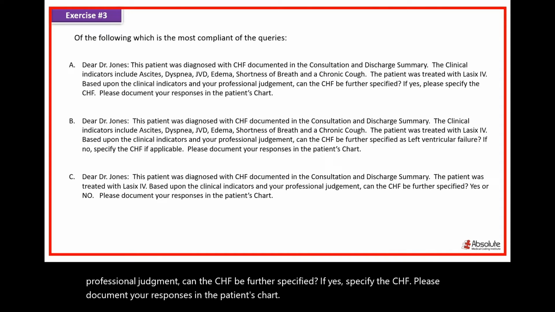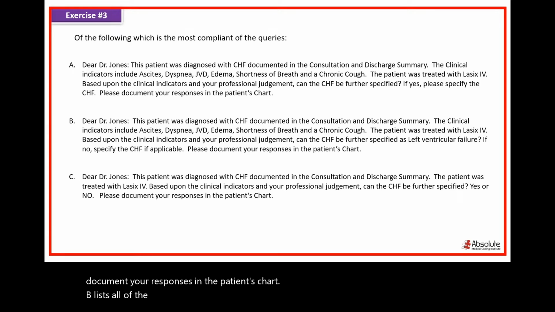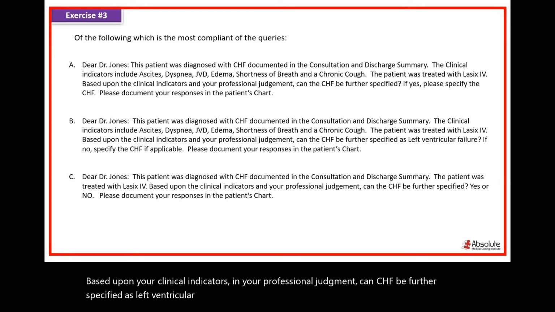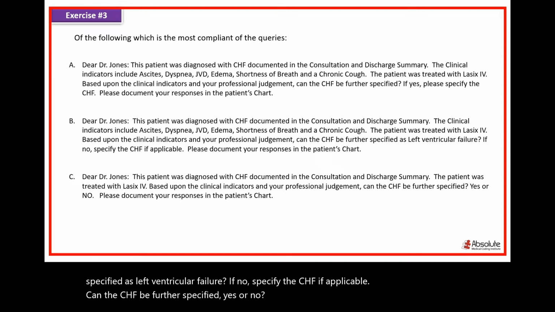B lists all of the indicators, and it says, based upon your clinical indicators and your professional judgment, can CHF be further specified as left ventricular failure? If no, specify the CHF if applicable. And C, can the CHF be further specified? Yes or no? All right, A, B, or C, which one is compliant?